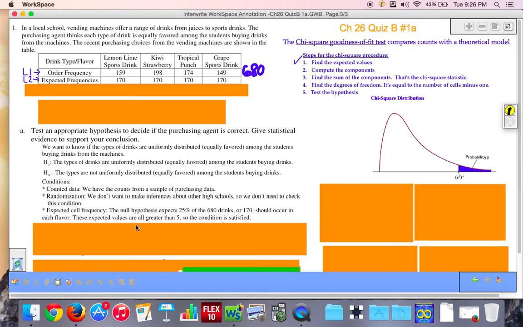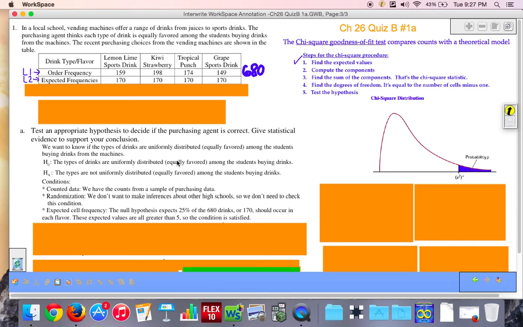Okay, so degrees of freedom. In a chi-squared distribution, degrees of freedom is still given by the formula n minus 1, but in this case, n minus 1 talks about number of cells. In our original data, we had 4 cells, so here our degrees of freedom would be 3.